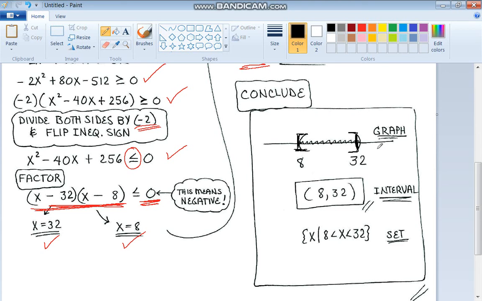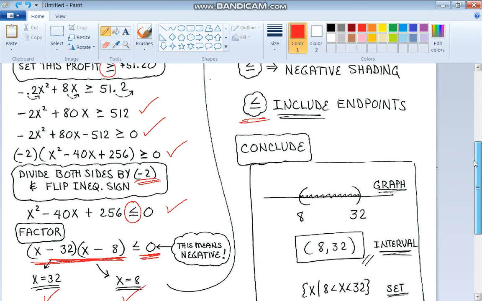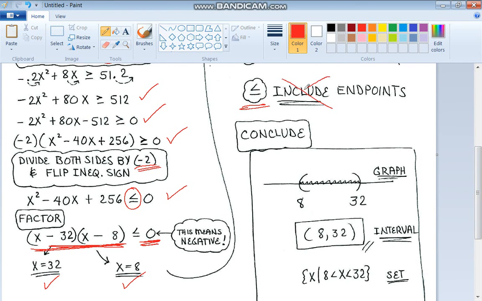Wait a minute. No! I just realized why I didn't use boxy brackets. Let me erase that. I didn't use boxy brackets because if I had included those endpoints, my profit would have been 0. That makes no sense to have a 0 profit. Okay, so we're using round brackets. Exclude, exclude. All right?